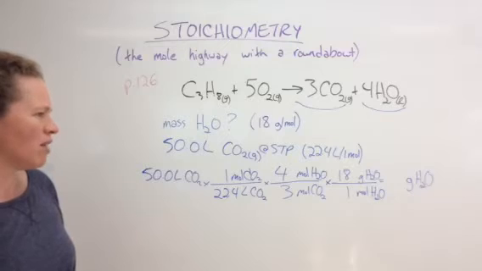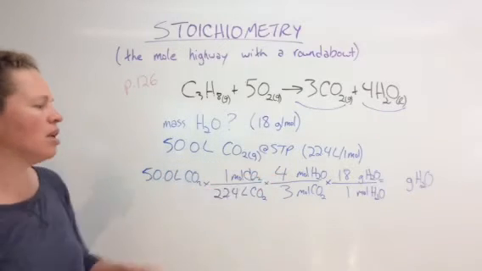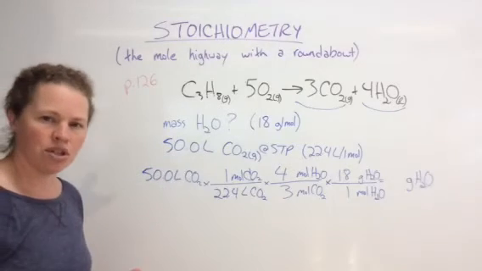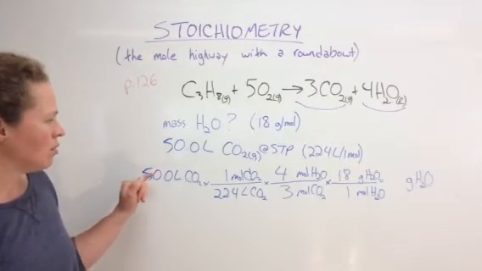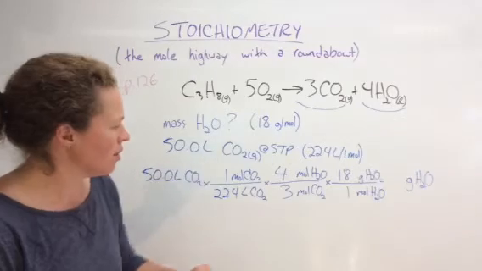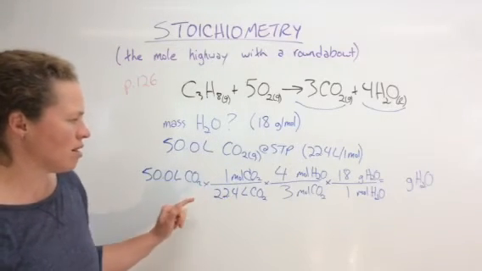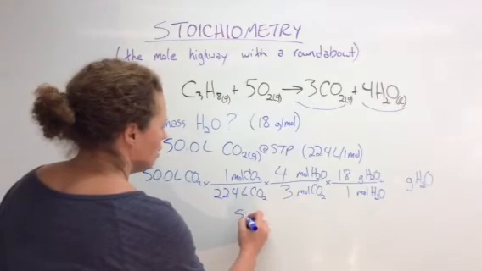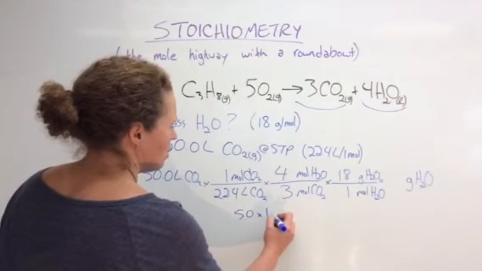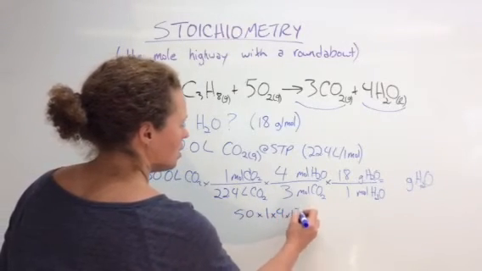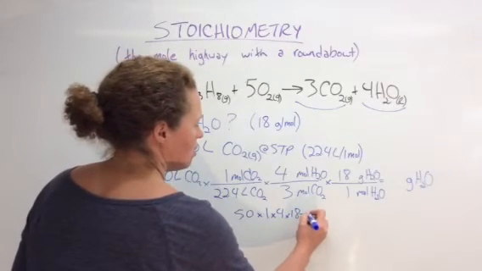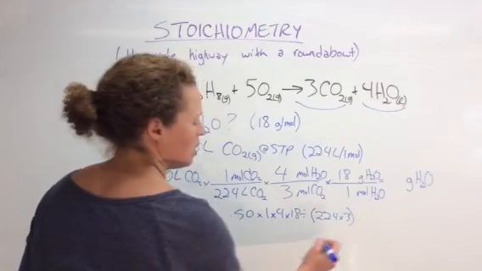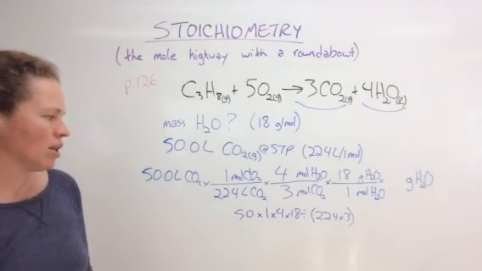Most of the time I find that it's easier to solve the top and then solve the bottom and then divide, or if you want to just put it all in your calculator, you would multiply all of these guys together and divide by these guys in brackets. So it would end up being something like 50 times 1 times 4 times 18, and then divided by bracket 22.4 times 3, close bracket. That ought to work.